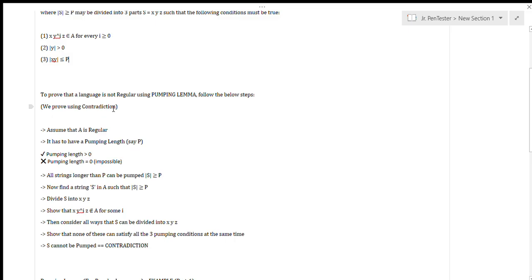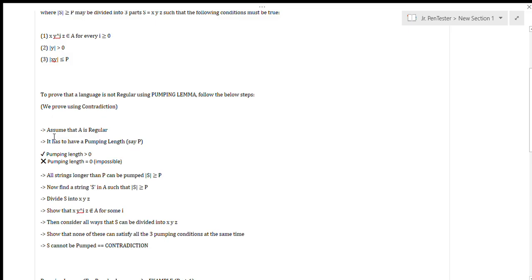In the pumping lemma, we use the concept of contradiction. What that means is that first we initially assume that our language A is regular, and through a series of tests, we contradict ourselves, and then finally we prove that in fact A is non-regular if it fails the pumping lemma test.